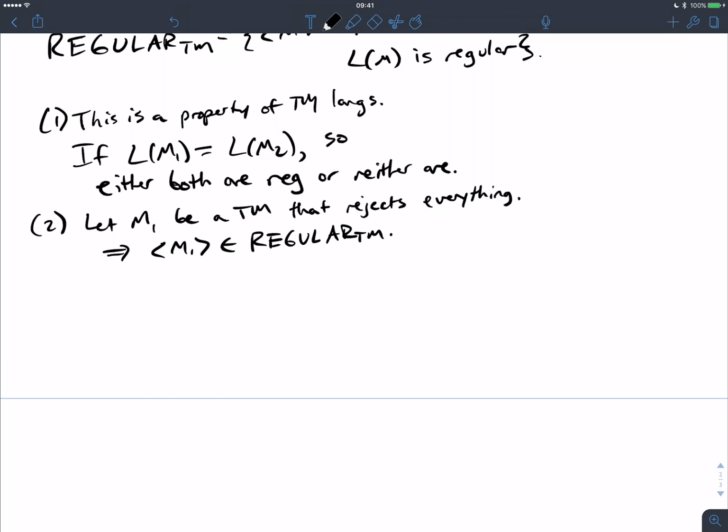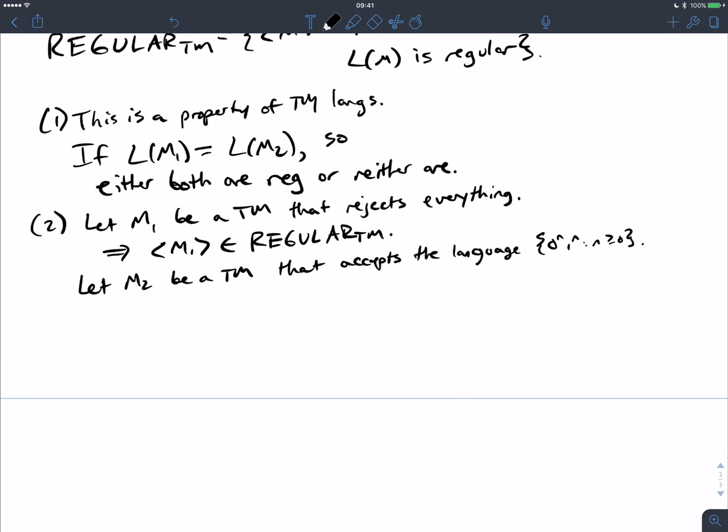Perfect. So let M2 be a TM that recognizes the language 0 to the n, 1 to the n.